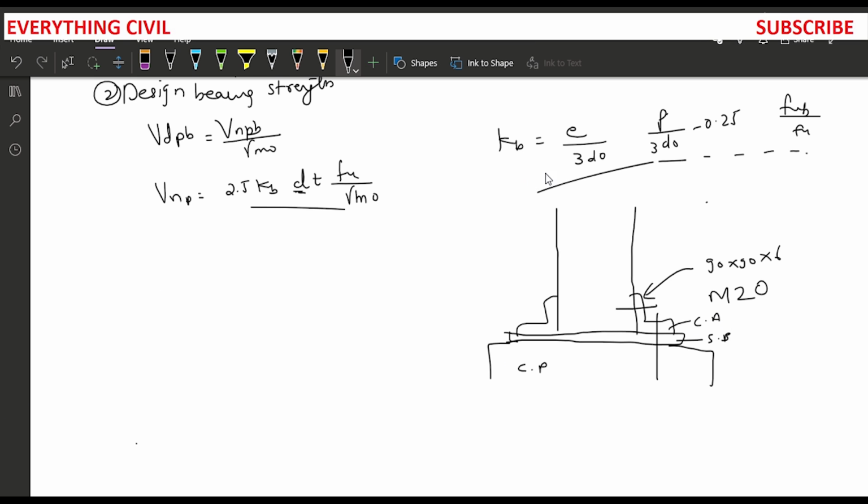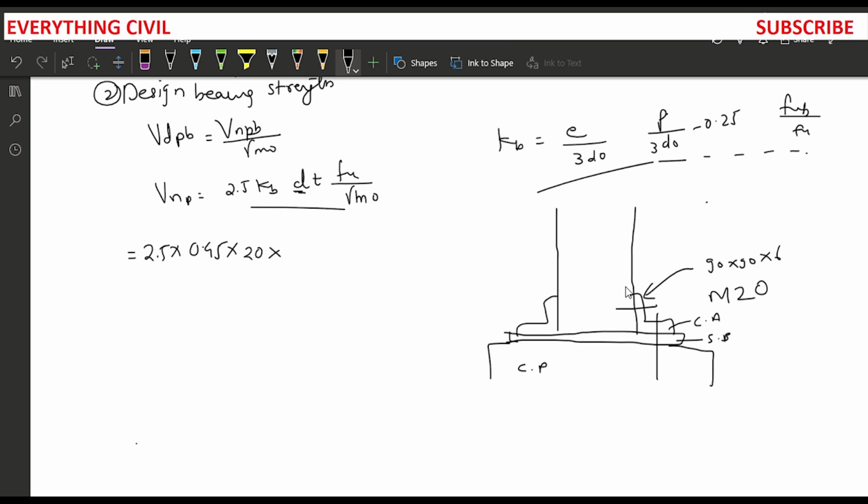Now I'll just put all the values over here. It will be 2.5 times kb, which I have found as 0.45, into d, the nominal diameter of the bolt, that is 20 mm, into t, the thickness of the thinner plate.